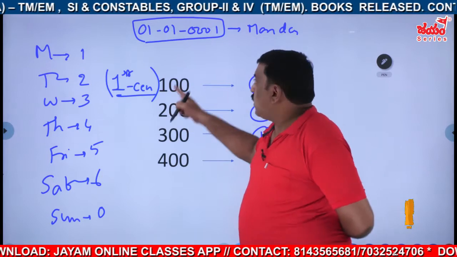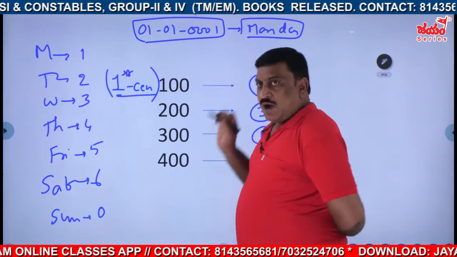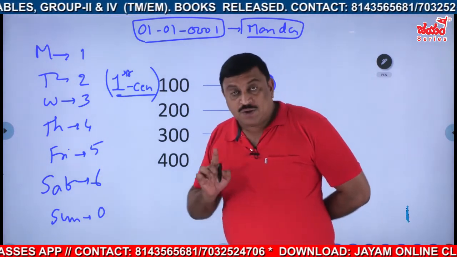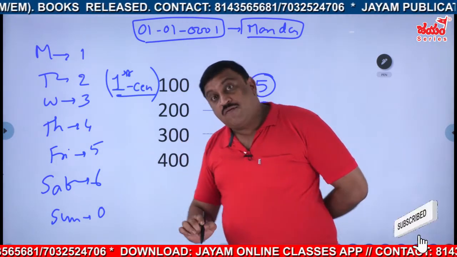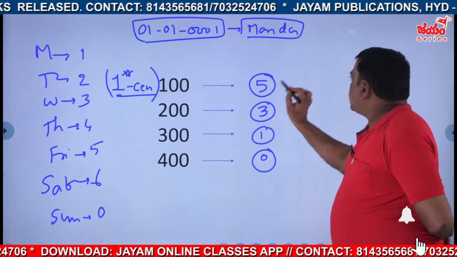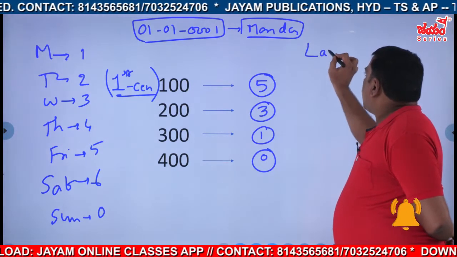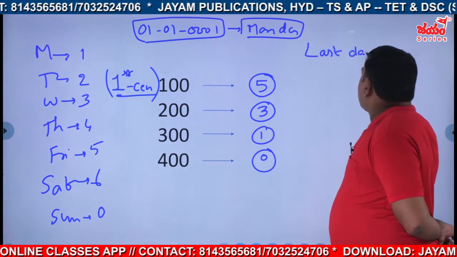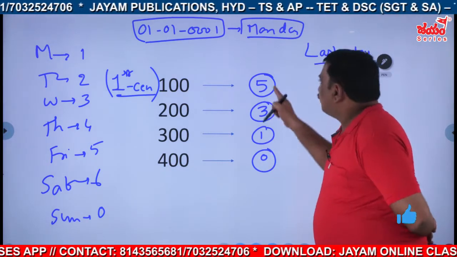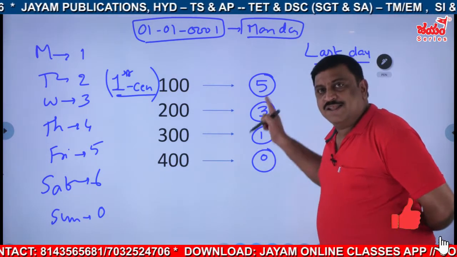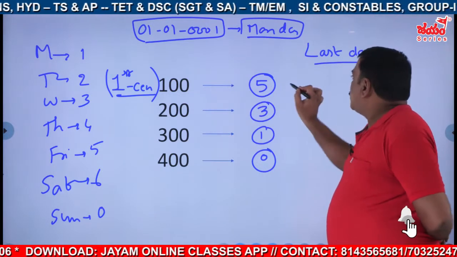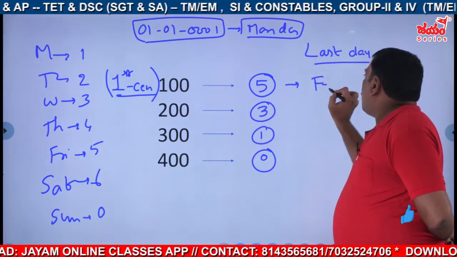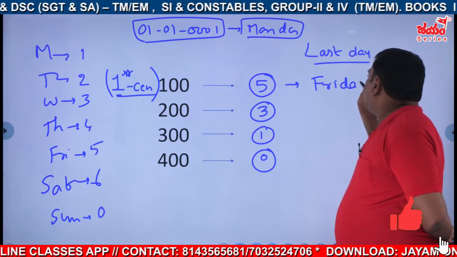Starting, I said: the century starts with Monday in the calendar. So it ends with 5 odd days, which means Friday. All these are nothing but the last days of the centuries. First century, 5 means the last day is Friday.